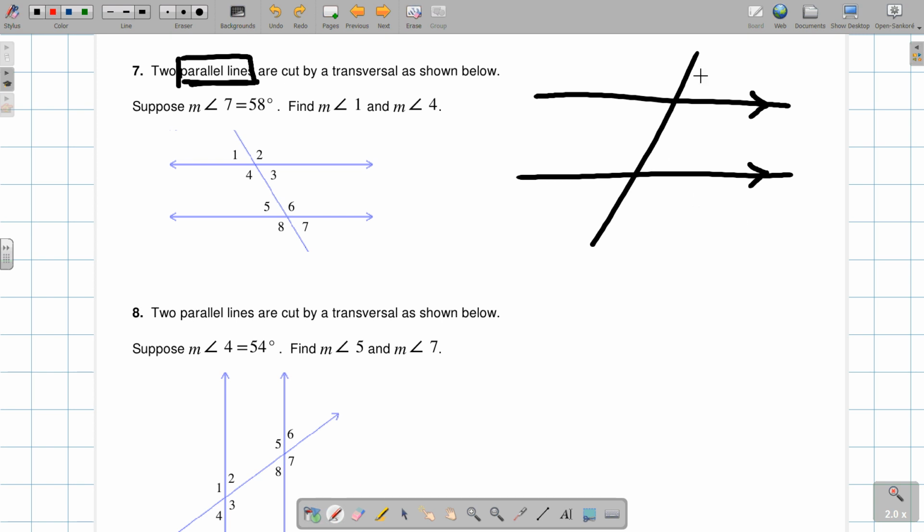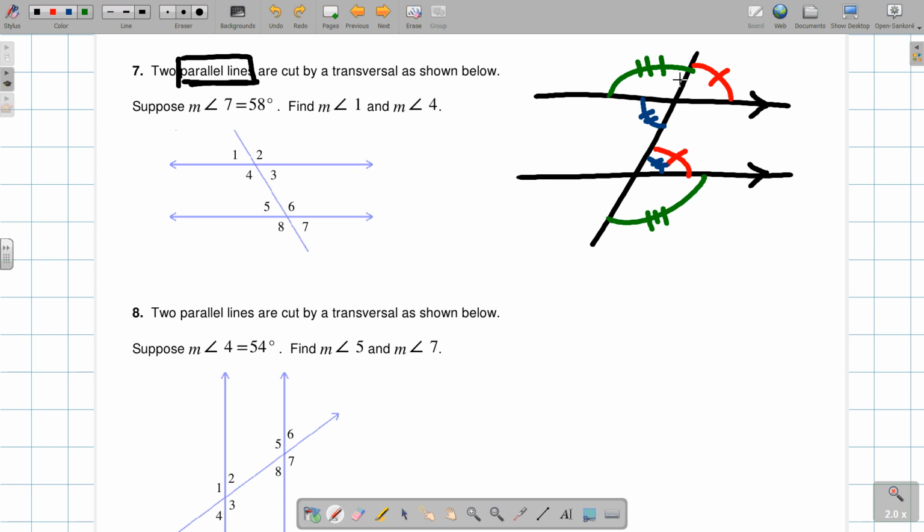Corresponding angles, those are the reds, they're going to be congruent. Alternate interior, those are the blues. Those are also going to be congruent. Alternate exterior, those are the greens. Those will also be congruent.